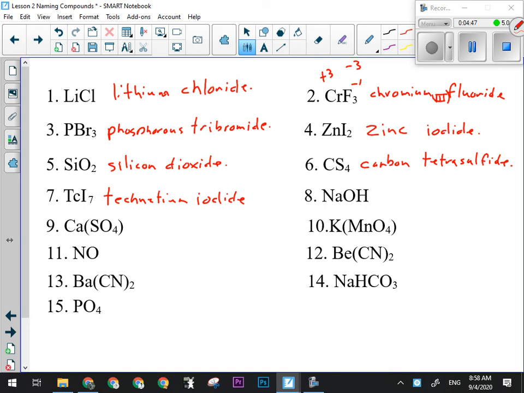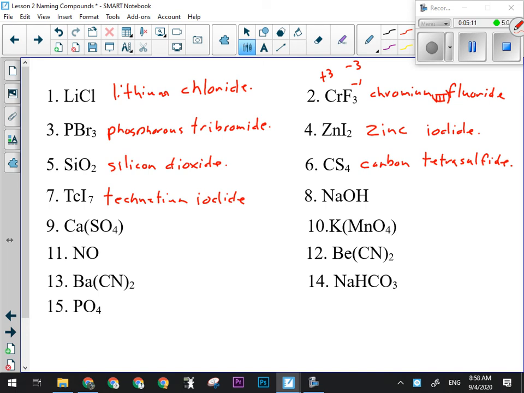Okay, number 8. I've got sodium and oxygen and hydrogen. Ionic or molecular? It's still ionic, but the OH at the end is a polyatomic ion. So what is the name of that polyatomic ion? Hydroxide, right.